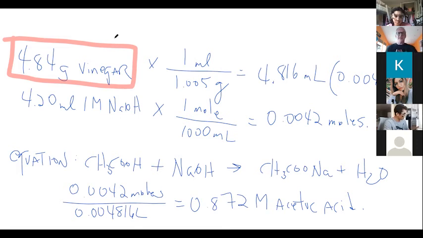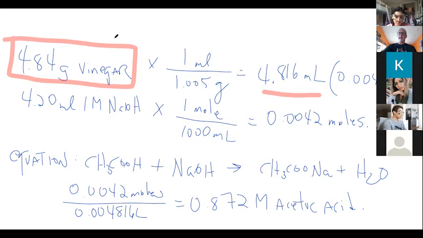And I believe the density is 0.005 grams per mil. Is that correct? I think that's right. Is that the density they give you? Yeah. Okay. So then we convert that to the actual volume. It's going to be pretty close, obviously. So 4.816 mils. And don't worry about rounding. I'll do that at the end.